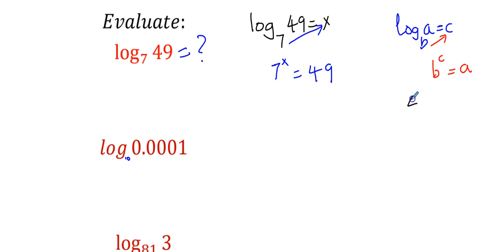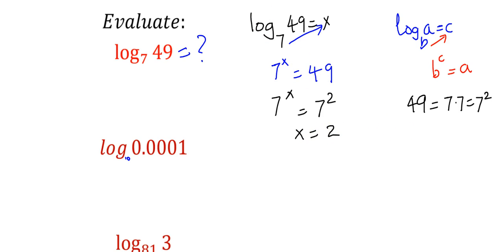I have to write 49 in terms of 7, and we know that 49 is 7 times 7. 7 times 7 means 7 squared. So I can write 7 to the power of x is equal to 49, and change 49 as 7 squared. Now again, using another property, those two numbers which are in exponential form and whose bases are equal, therefore the exponents must be equal here.